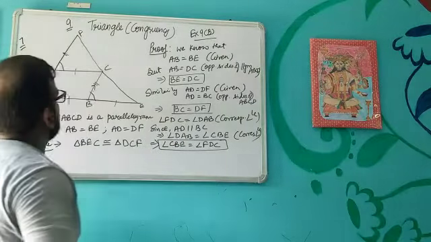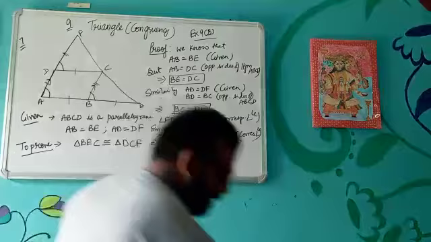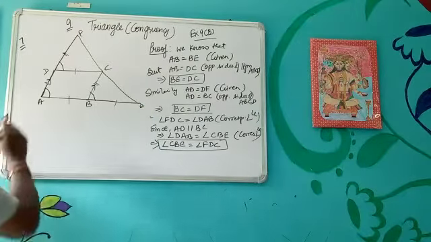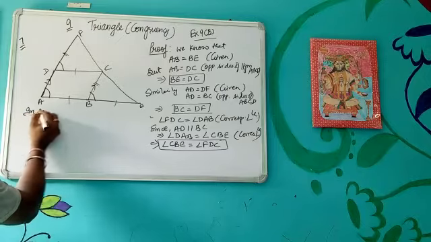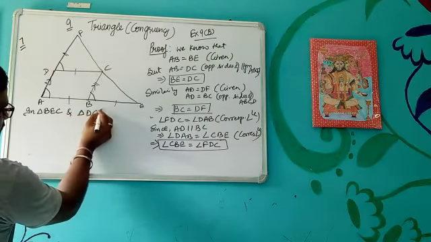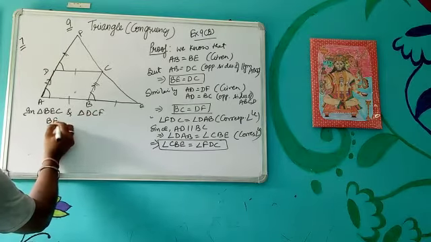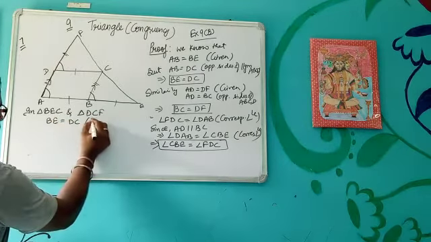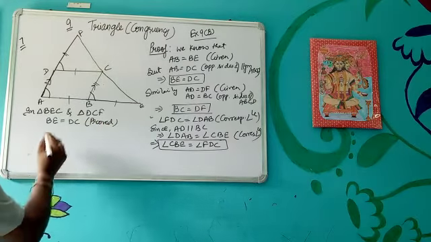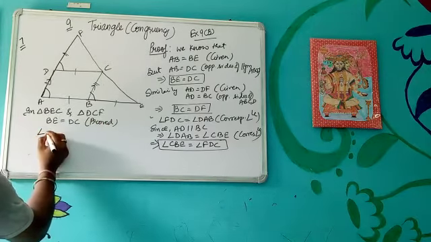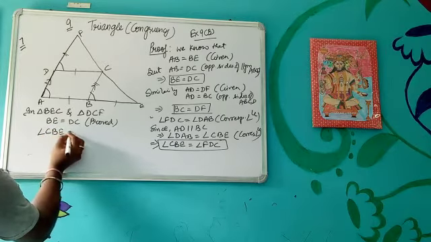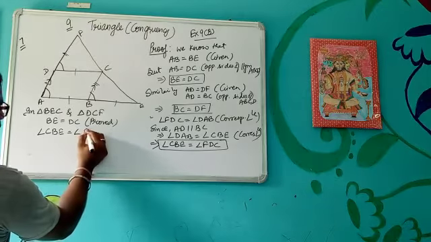So let's prove it. In triangle BEC and triangle DCF, BE equal to DC. This we have just proved. Then angle CBE is equal to angle FDC.